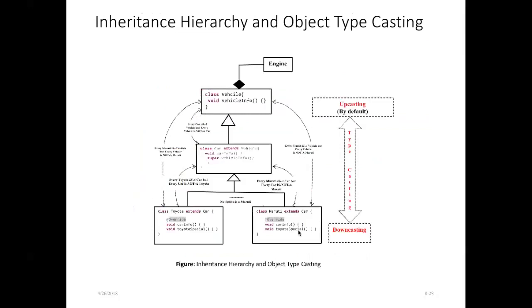This is C2. Now, if I say car C3 equal to C2, then this C2 is an object reference. It is easy to remember that when you do not use the new operator, it will create a reference.